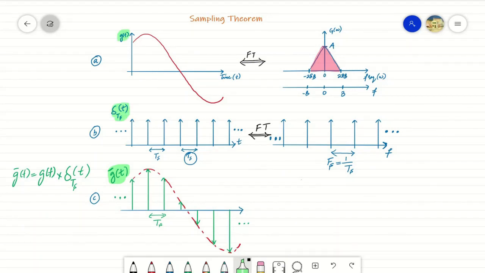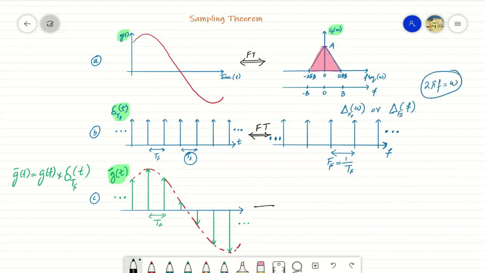As we have obtained this sampled signal by multiplying the given continuous signal with a train of impulses, the equivalent operation in the frequency domain can be represented as convolution of the given continuous signal with the impulse train signal, which, for example, we refer to as capital delta of omega or capital delta of f.